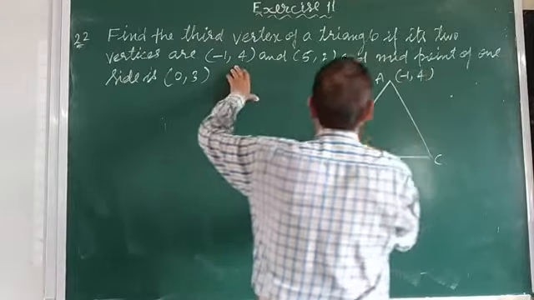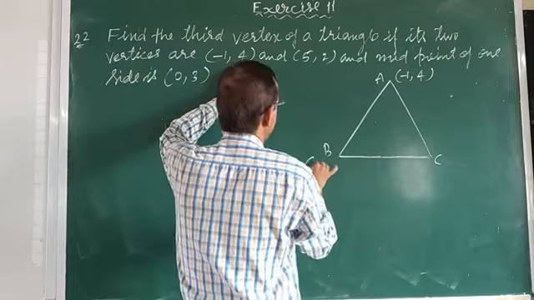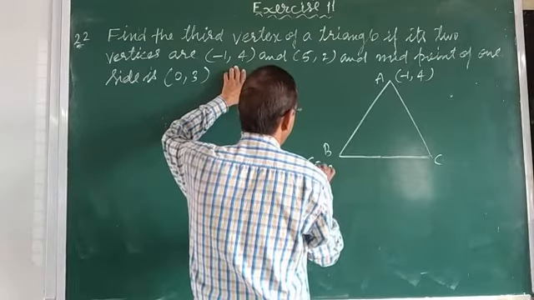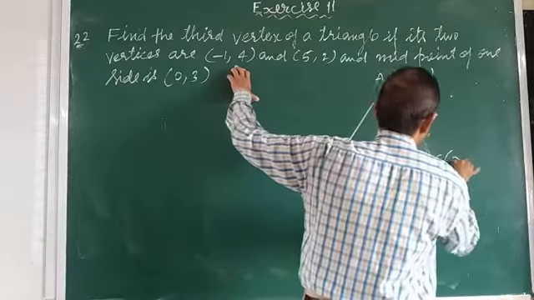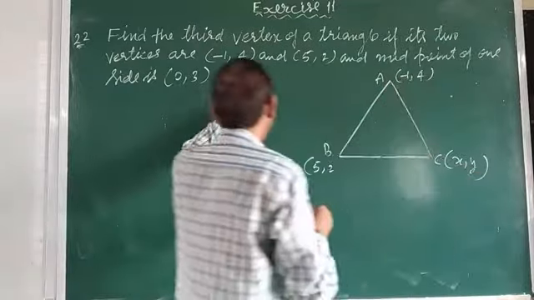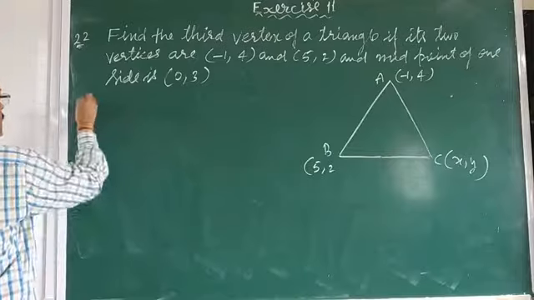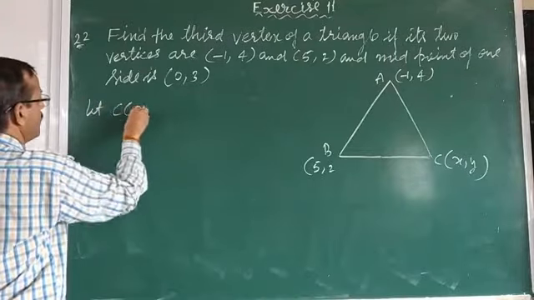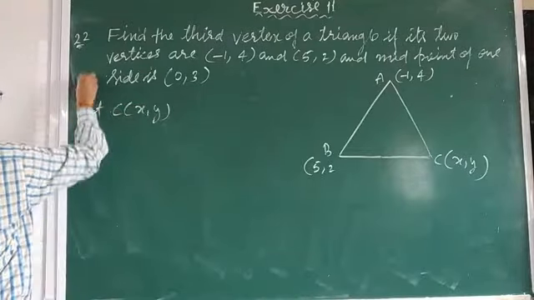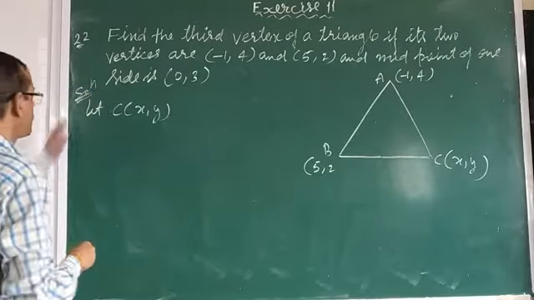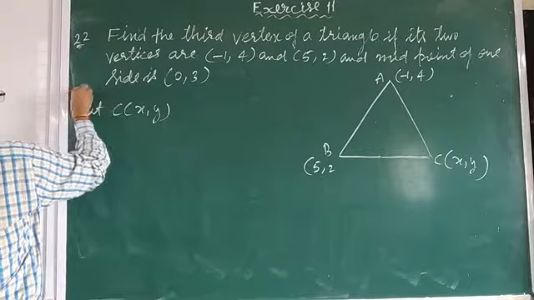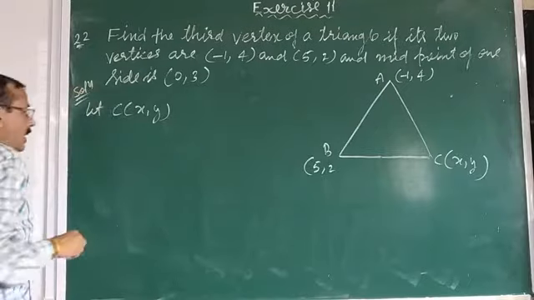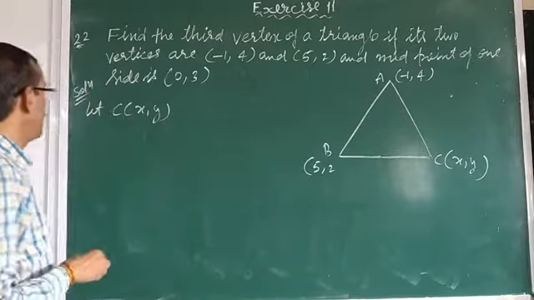What is B? B is 5, 2 and C is unknown. So let C be XY. Solution. Let C be XY.